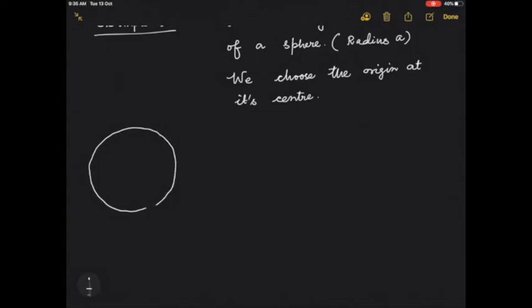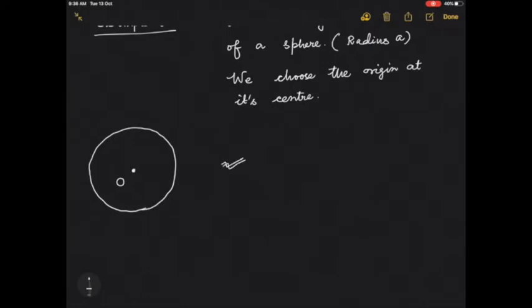Now what is the geometry of the problem? So I have this sphere, so I draw a circle which represents my sphere. And I have chosen the origin here.